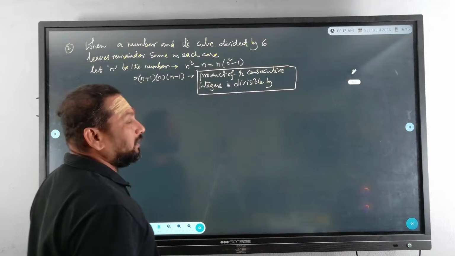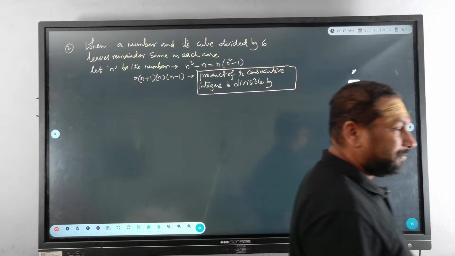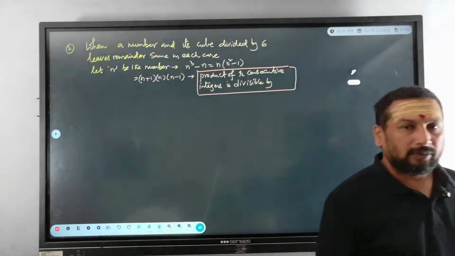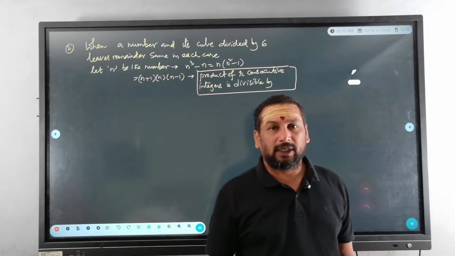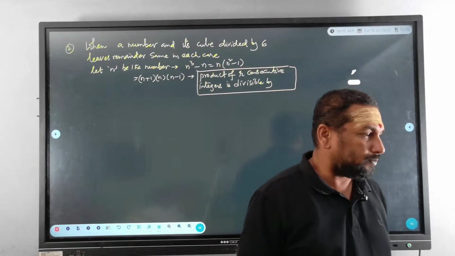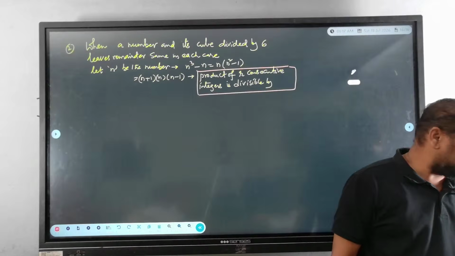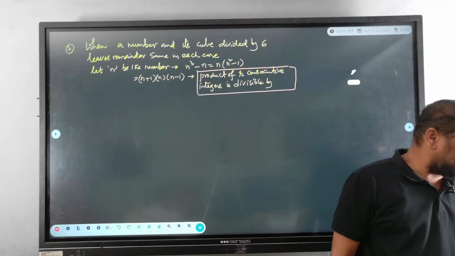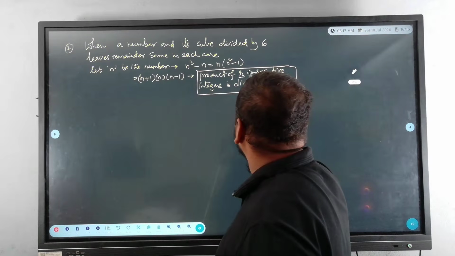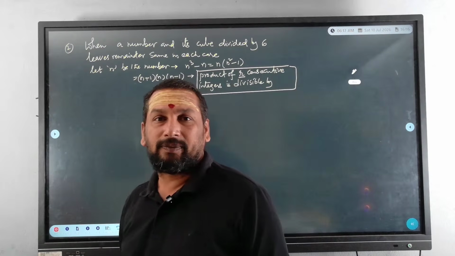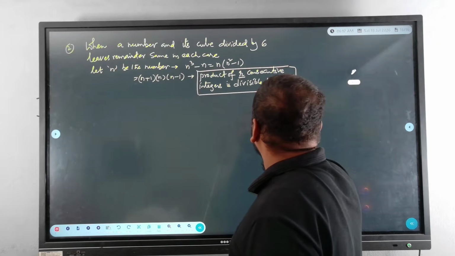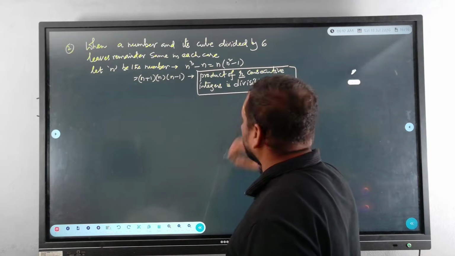Product of r consecutive integers is divisible by what? Answer cheyandi. R consecutive integers are divisible by r factorial.